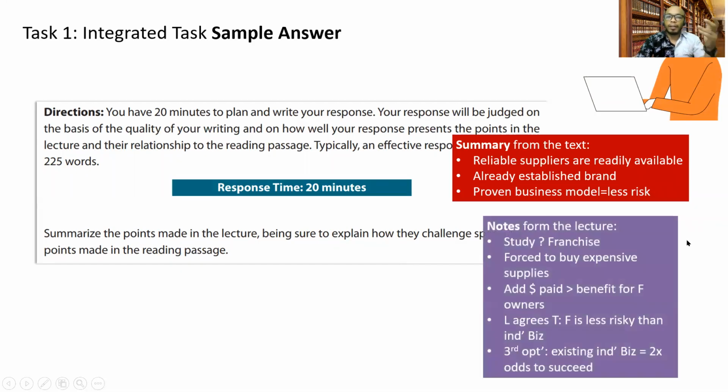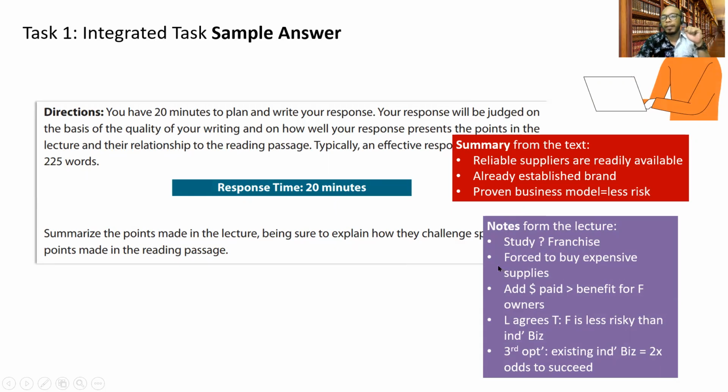Now, looking at the listening, on the other hand, here are some notes that you should take during your listening. So we can see that the notes show that the study mentioned by the lecturer questions the advantages of the franchise system.